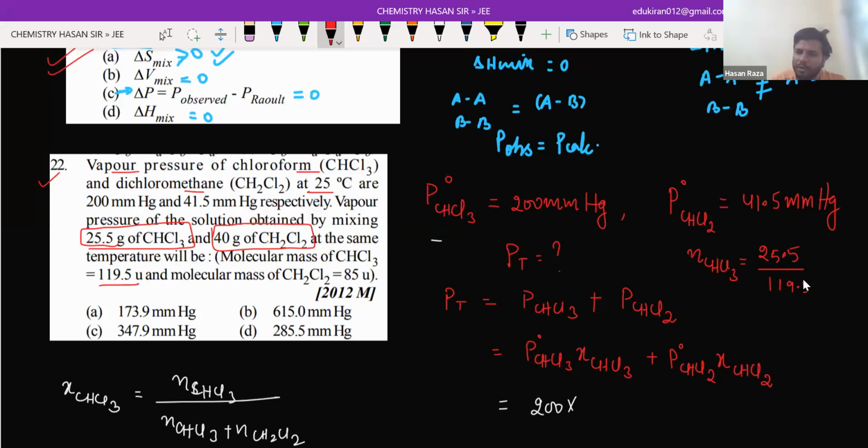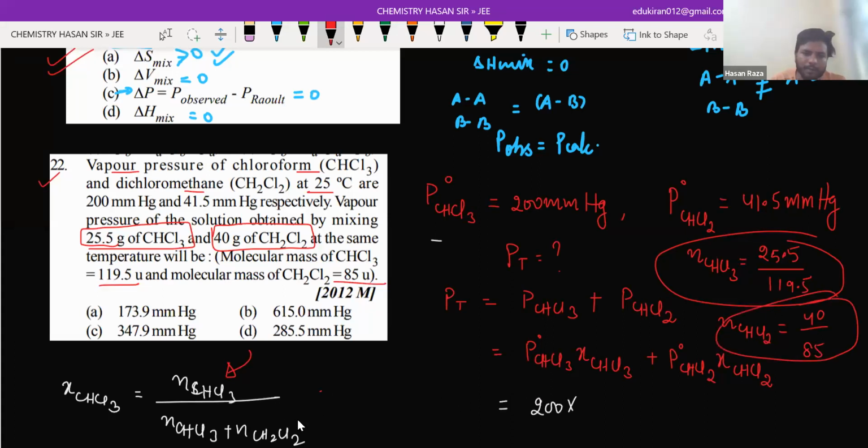Calculate this and put the value here. Again, the number of moles of dichloromethane: given mass 40, and molar mass given as 85. Calculate the value and put it here, and you will get the mole fraction. In the same way, you can calculate the other mole fraction, put it here, and easily calculate.